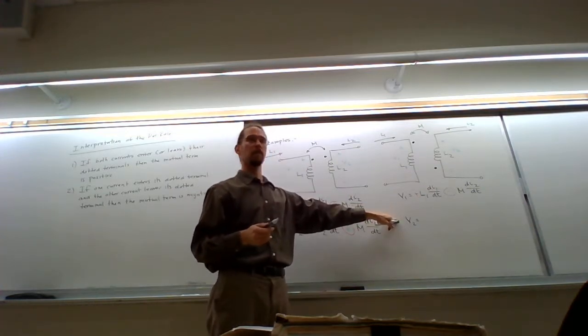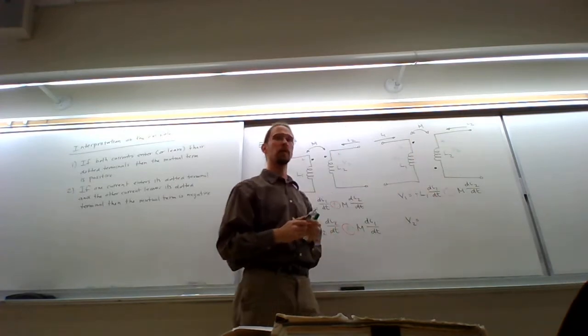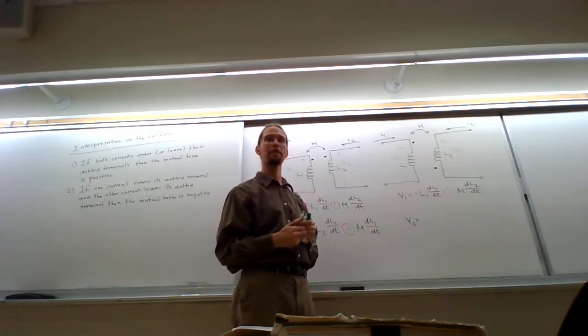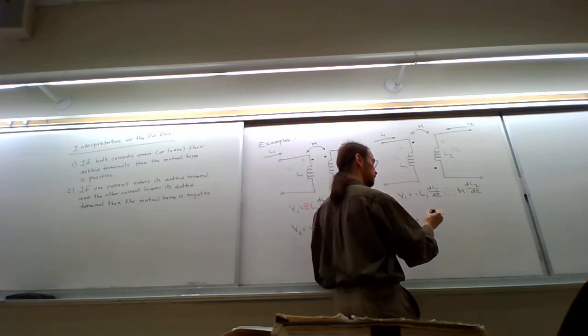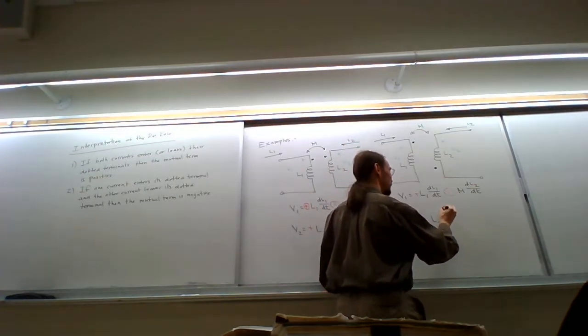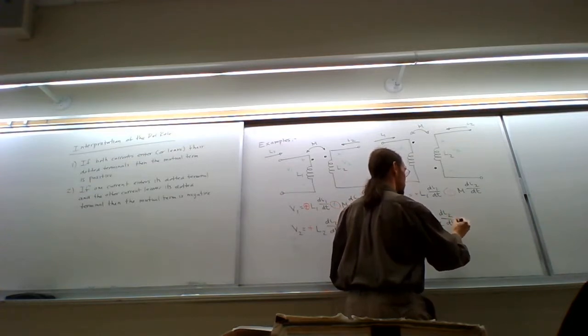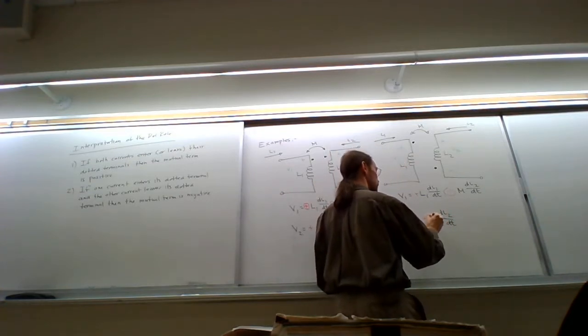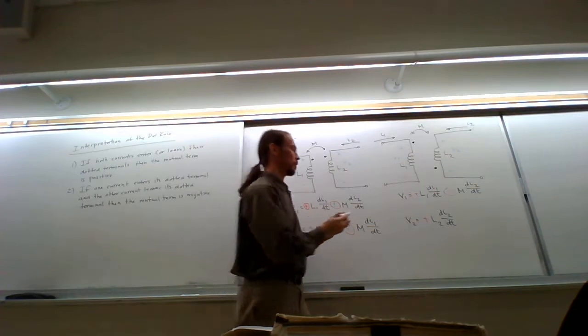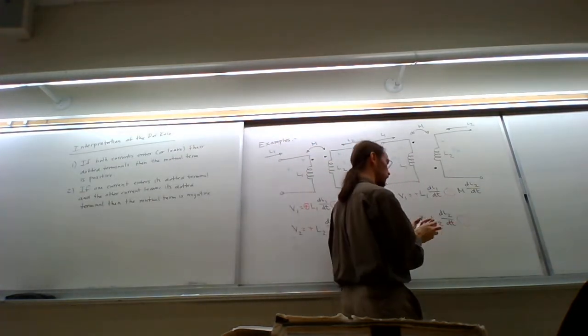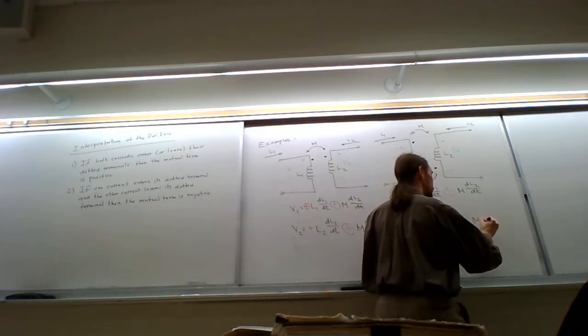For V2, the voltage across this coil, who can tell me the first term? It's going to be positive L2 di2 dt. So this is the self-induced voltage, and it is positive. There's going to be a mutual term over here, and it's the mutual inductance between the two.